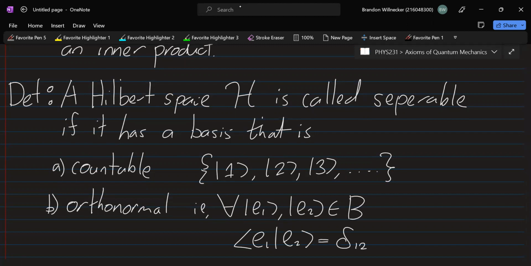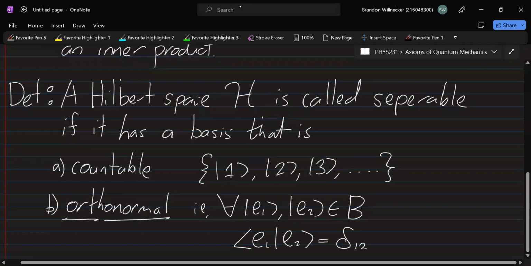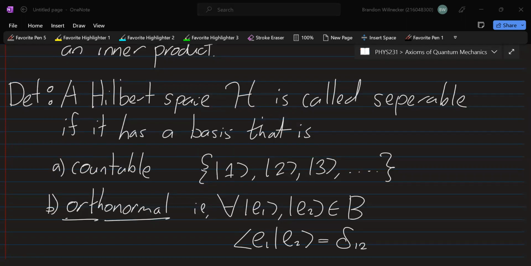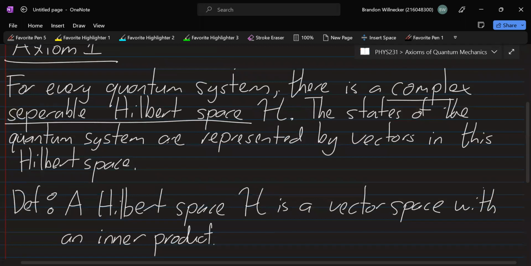So it's 1 if those elements are the same, and it's 0 if they are different. That is the orthonormal part: orthogonal and normalized.